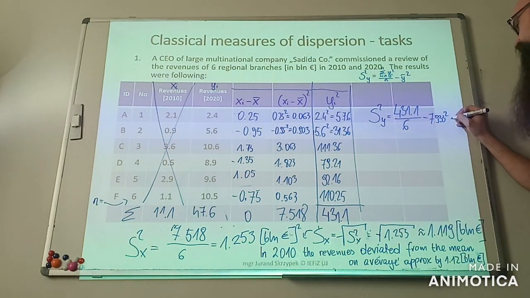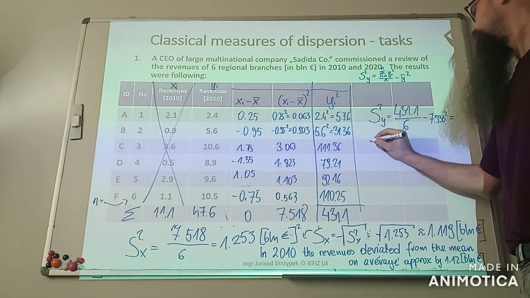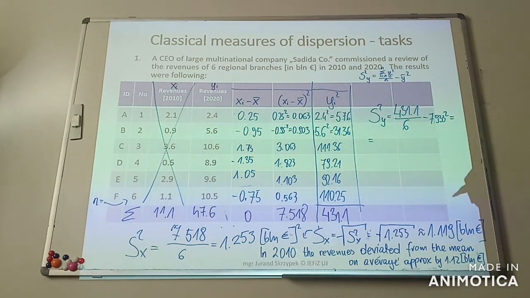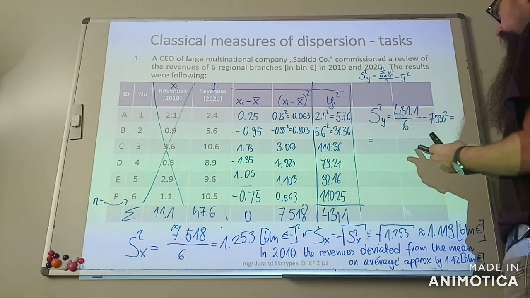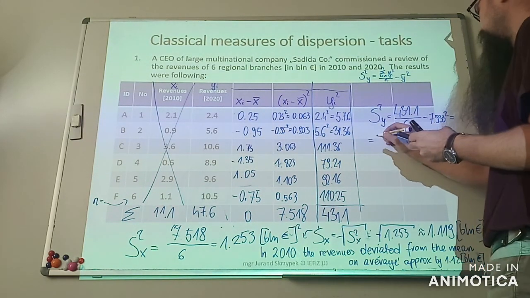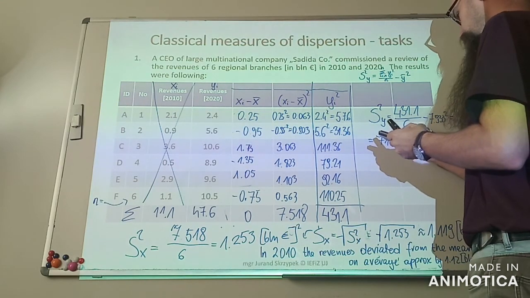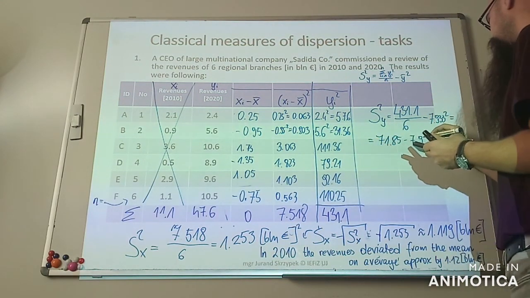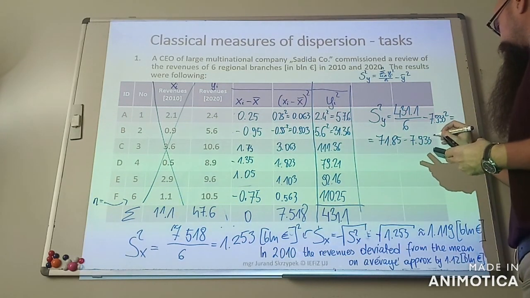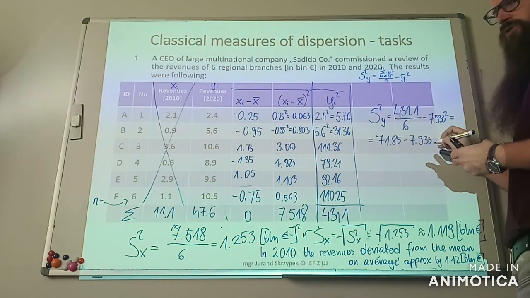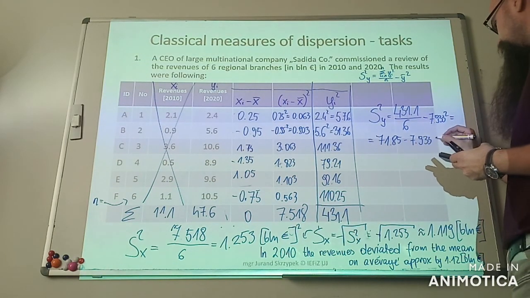So 431.1 divided by 6 is 71.85 minus squared value of 7.933.